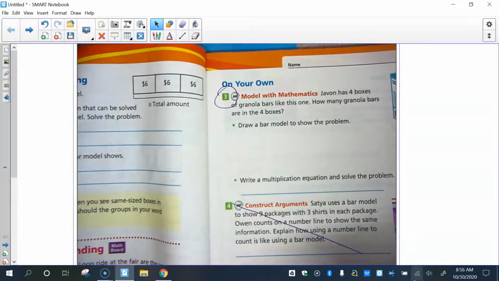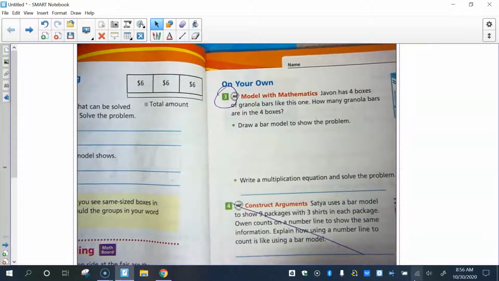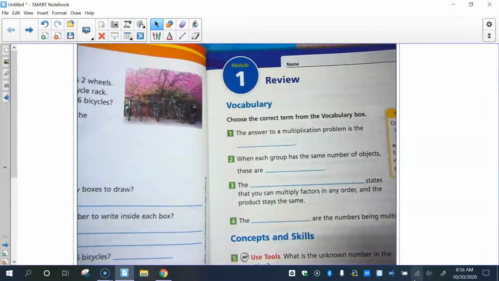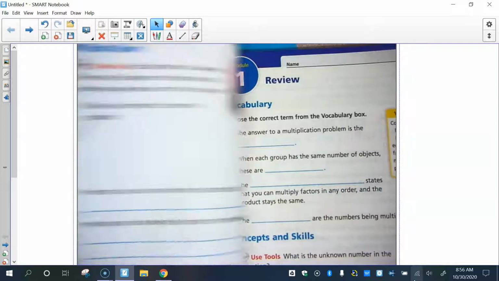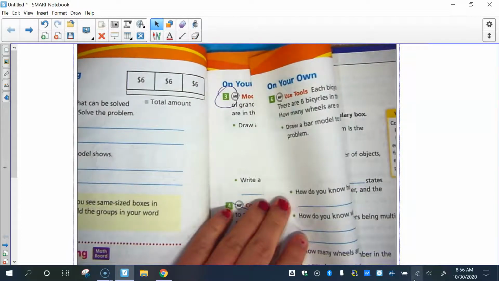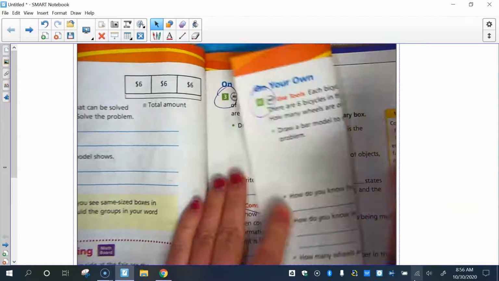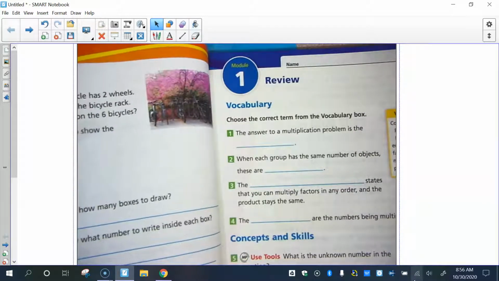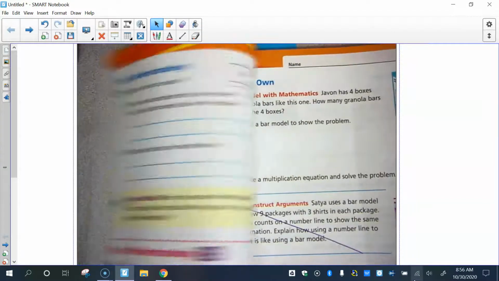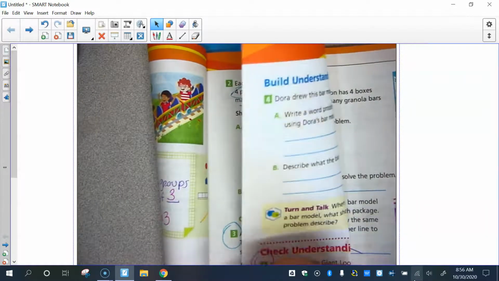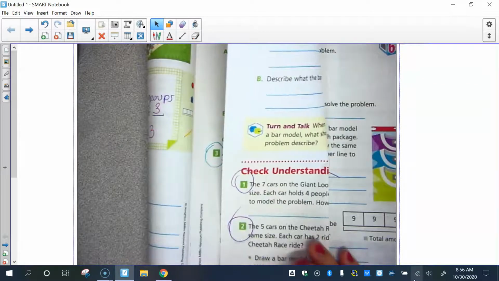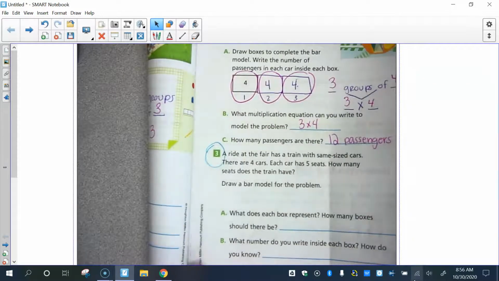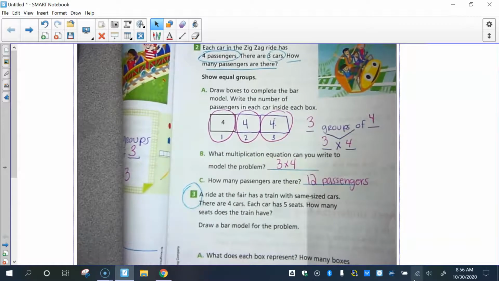Don't do number 5. And I want you to do number 6 on page 30. And I'm going to write all this in your Google Classroom. And let's do check understanding on page 28. So you're going to do all of those. And I'm going to have you upload a picture of your work just so I can see how you're doing. So make sure we do that. If you have any questions, let me know.